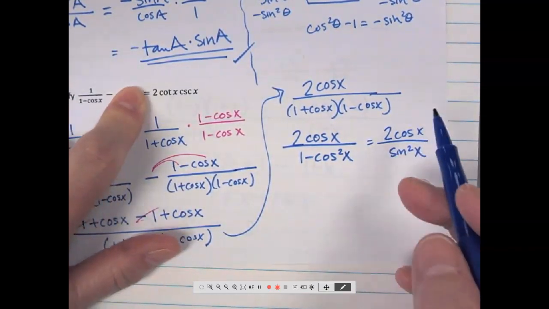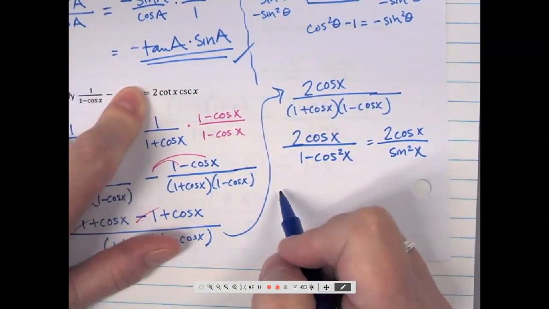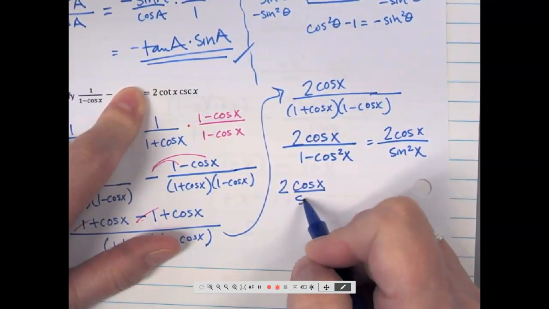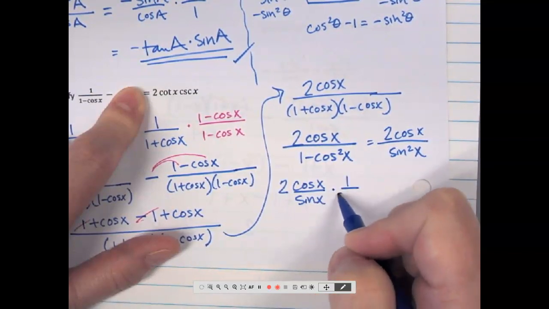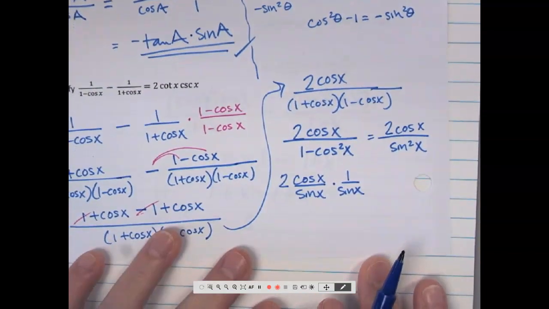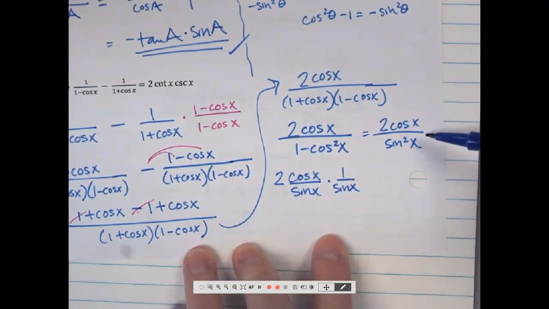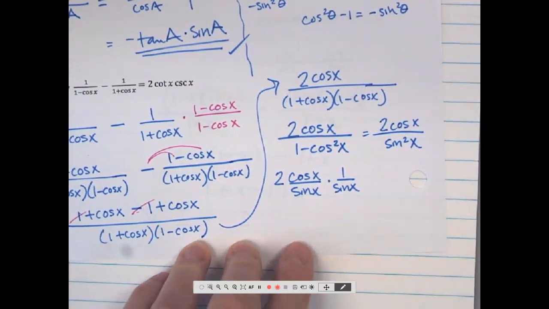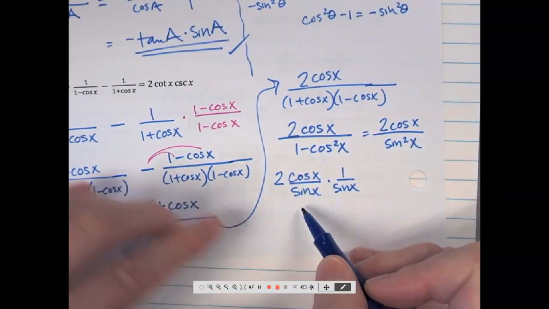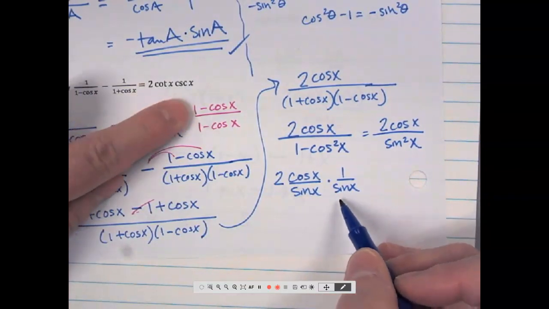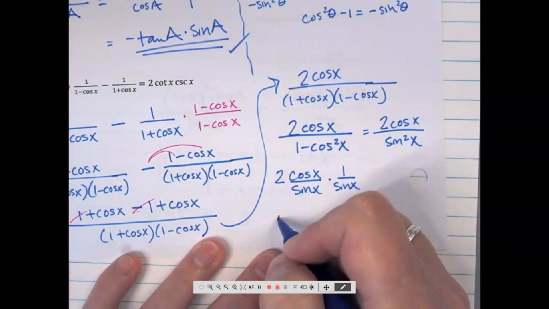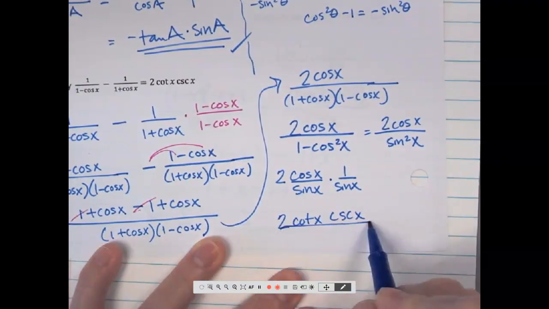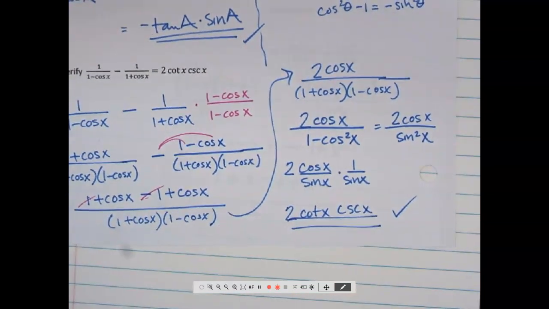So I'm going to do something similar to what I did 2 problems above. I'm going to write this as 2 cosine over sine times 1 over sine. So I'm just breaking this down into these 2 fractions. And cosine over sine is cotangent. 1 over sine is cosecant. So I have 2 cotangent cosecant. That's what the other side had. We are done.